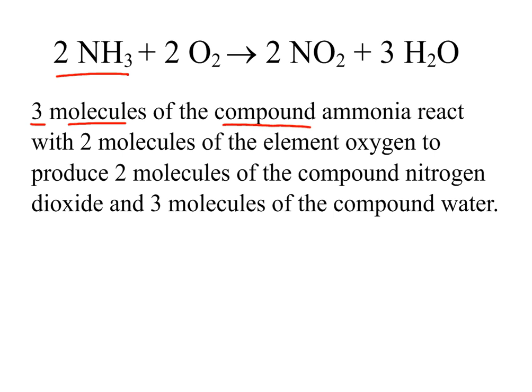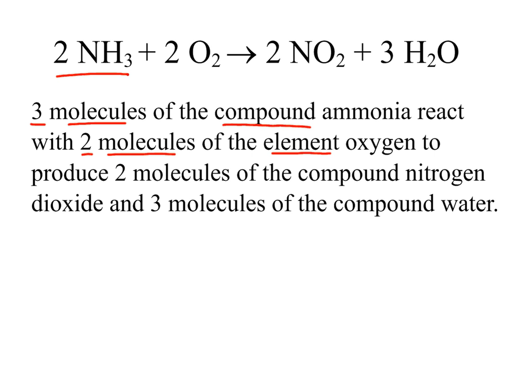We'll always give you tools in order to figure those things out. So we've got 3 molecules of the compound ammonia react with 2 molecules of the element oxygen. So again, we've indicated that it's an element and that there are 2 molecules participating in that reaction.